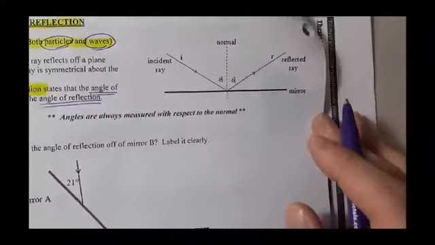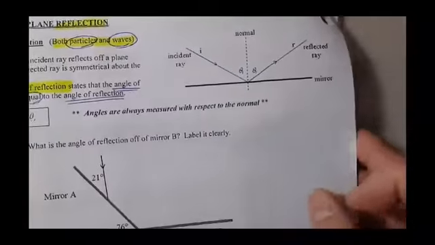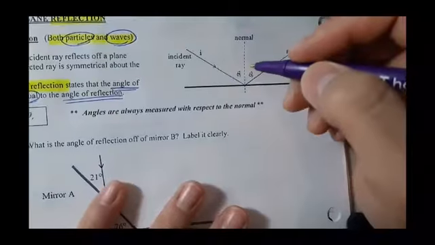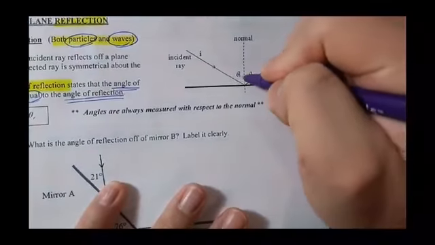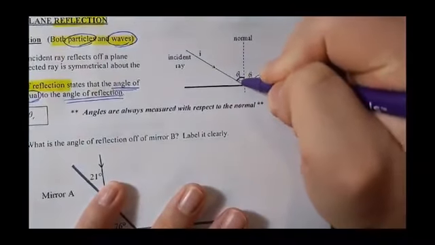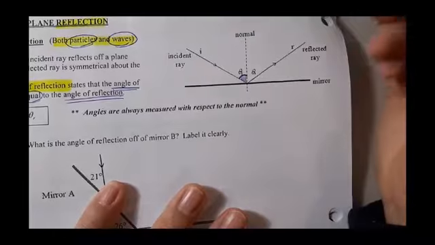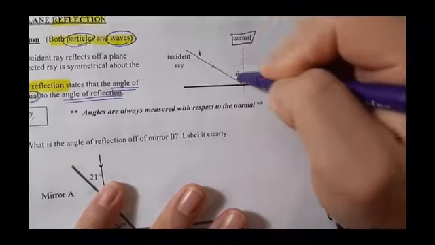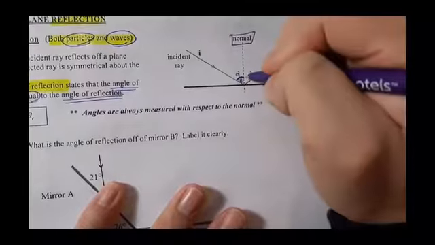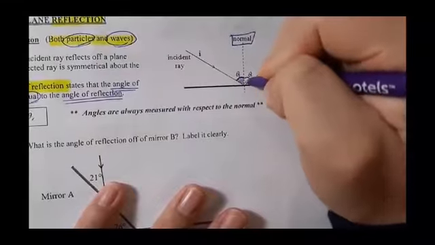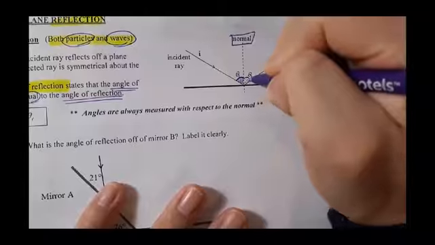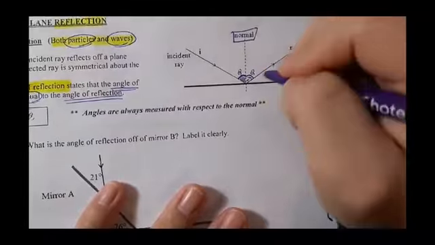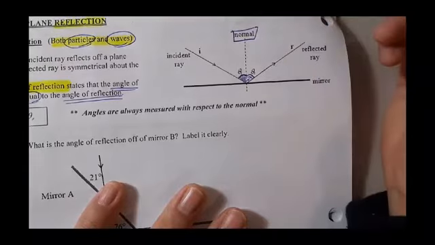Now I'm going to go to this diagram over that side. The angle of incident is always created between the normal line and the incident ray. An angle of reflection, similarly, is created between the normal line and the actual ray that is reflected.